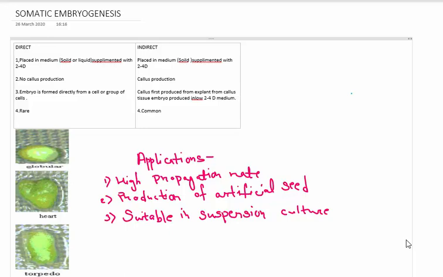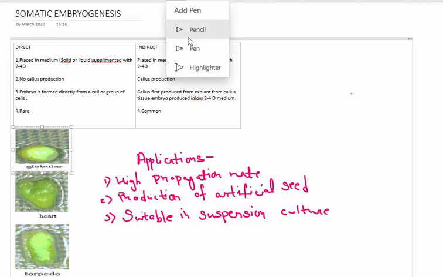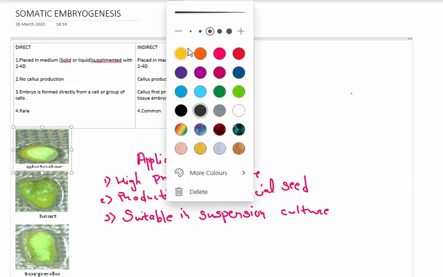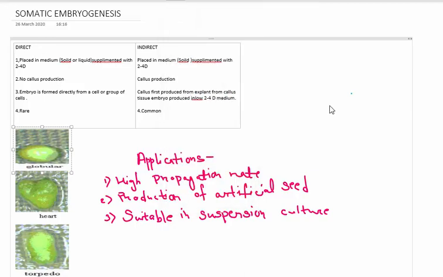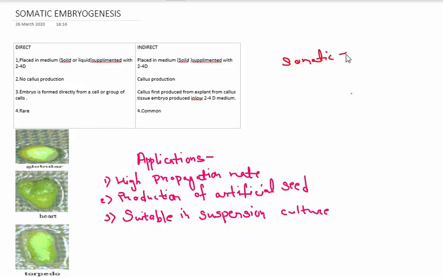Welcome back. Today's topic is somatic embryogenesis. Somatic means we know that the somatic cell or the vegetative cells, right? So, one is somatic cell and one is germinal cell. So, somatic means vegetative cells.